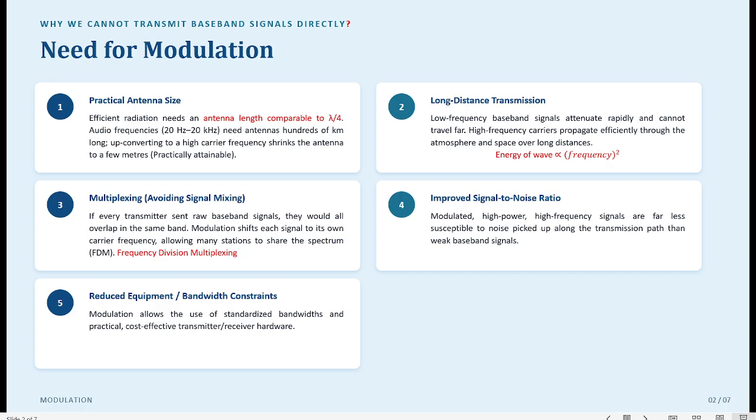The second thing is that long distance transmission needs waves to have high energy, whereas the low frequency baseband signals or message signals are of low energy because of their low frequency, as the energy of a wave is directly proportional to the square of the frequency.